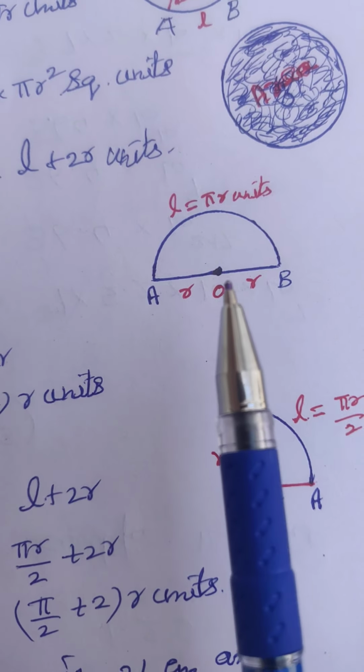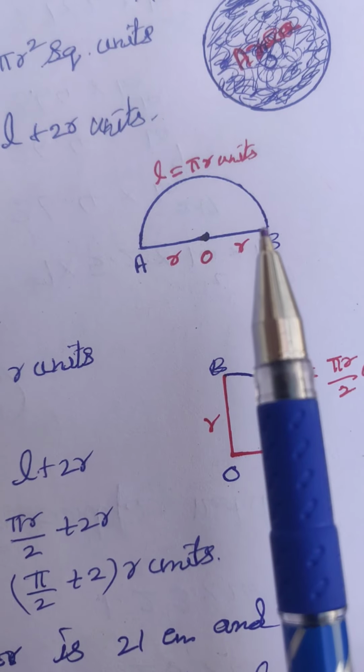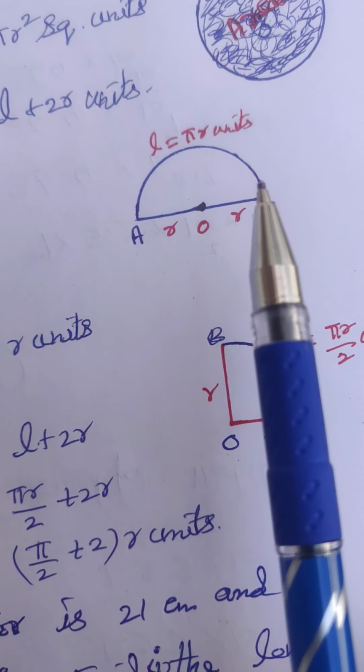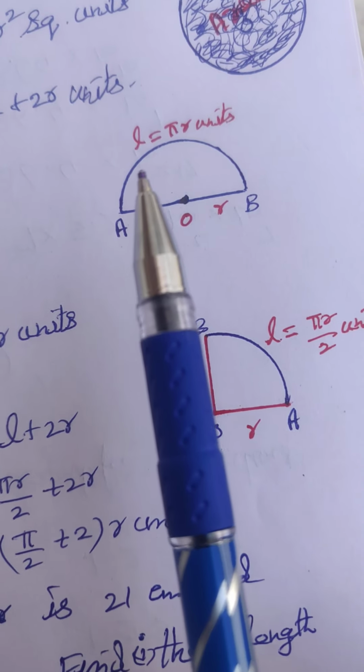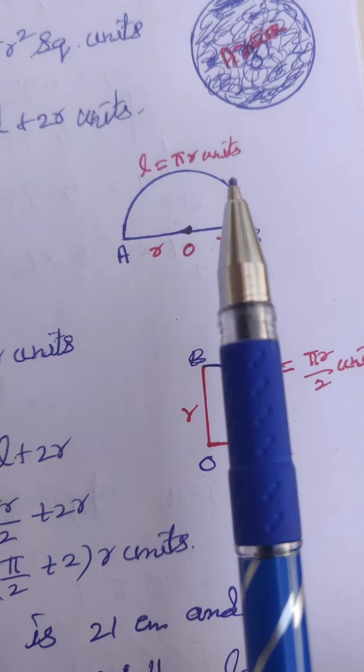Here, perimeter of a semicircle AB, this L, this AB is called length of the arc L equal to pi r units.